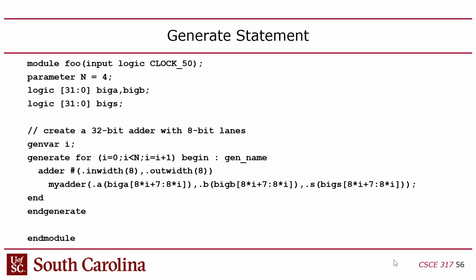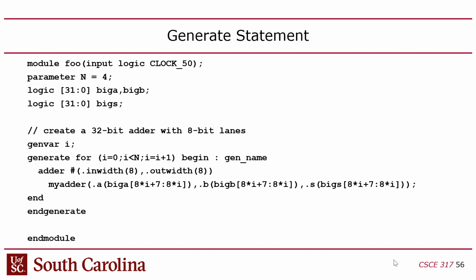And then i equals i plus 1, i plus plus does not work here, right? Then you have begin, that makes sense, but then you get a colon and the name of the generate statement. I don't know why they require that, and that's hard to remember. That's the syntax they force on this. And then at the end, you have end and then endgenerate.